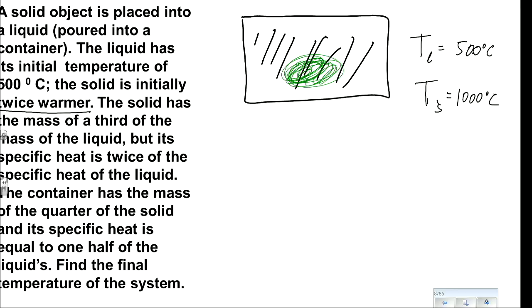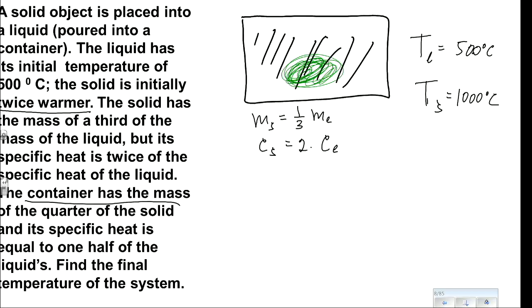The mass of the solid object is equal to 1/3 of the mass of the liquid. However, the specific heat of the solid object is twice the specific heat of the liquid. Oh gosh, the container.